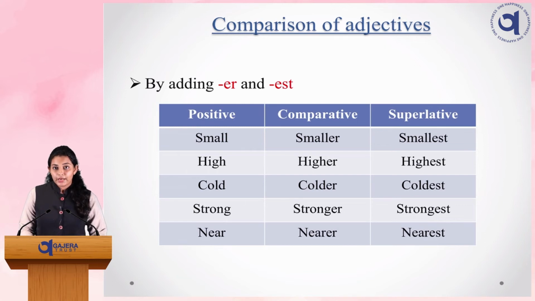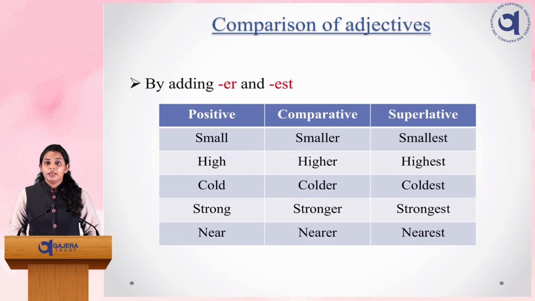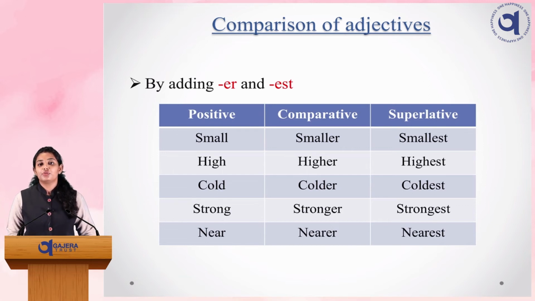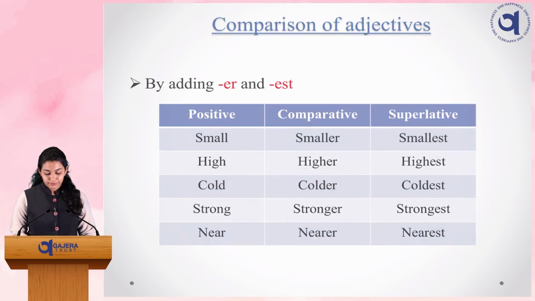So when we compare the adjective, we have to add er, and if we are writing adjective in superlative degree, we have to add est, right? So it becomes smallest. Same way the other examples you can see here, high, higher, highest, cold, colder, coldest, strong, stronger, strongest, near, nearer, nearest. Okay, so this is the rule in which we have to add er and est.